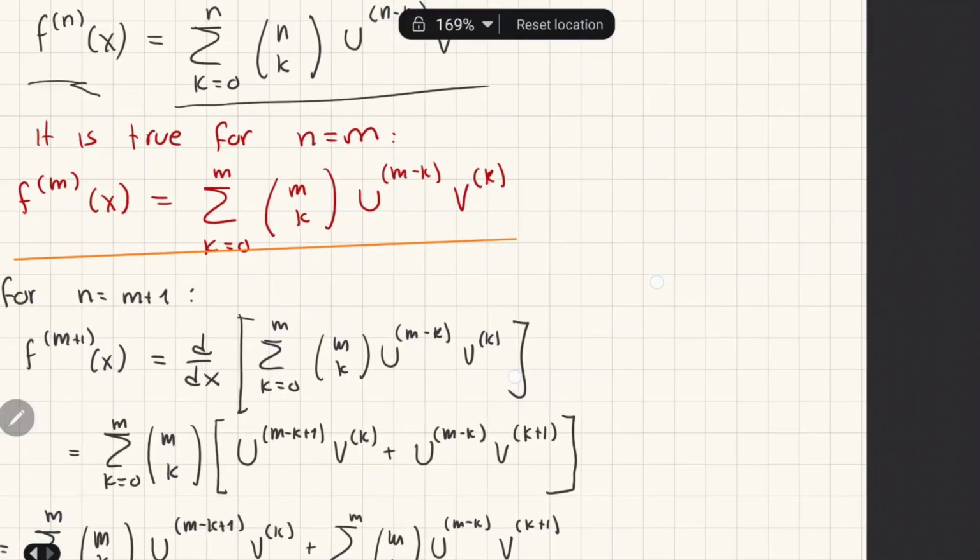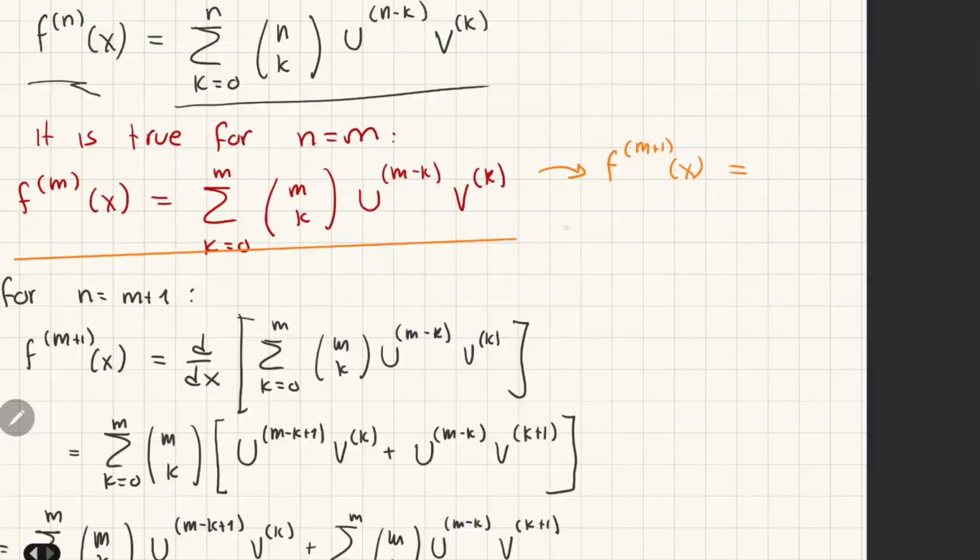So what we need to show, let me write it explicitly, is that the m plus 1 derivative of f is equal to the sum from k equals 0 up to m plus 1 of m plus 1 choose k, u to the m minus k plus 1, and v to the k. So this is the goal.